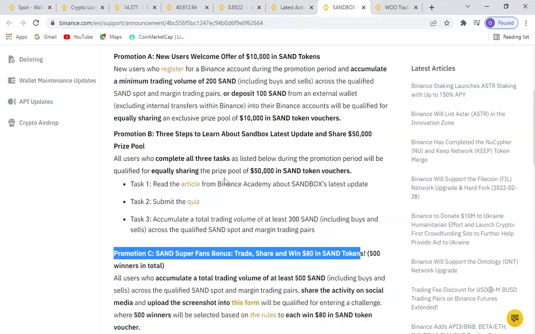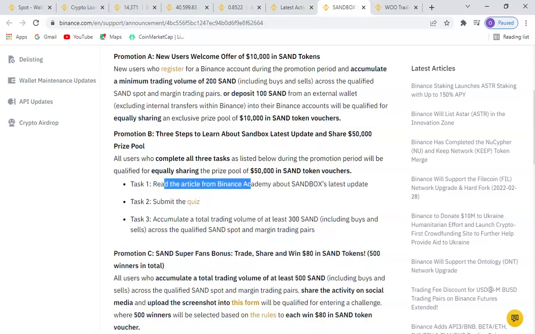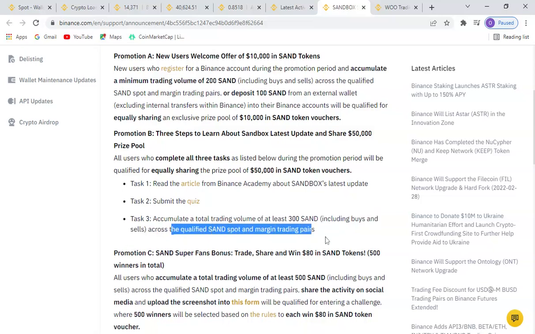All you need to do to participate in this reward is to first read the article from the Binance Academy and the Sandbox latest update, submit the quiz, and accumulate a total trading of 300 Sand tokens, including buys and sells across the qualified Sand spot and margin trading pairs.